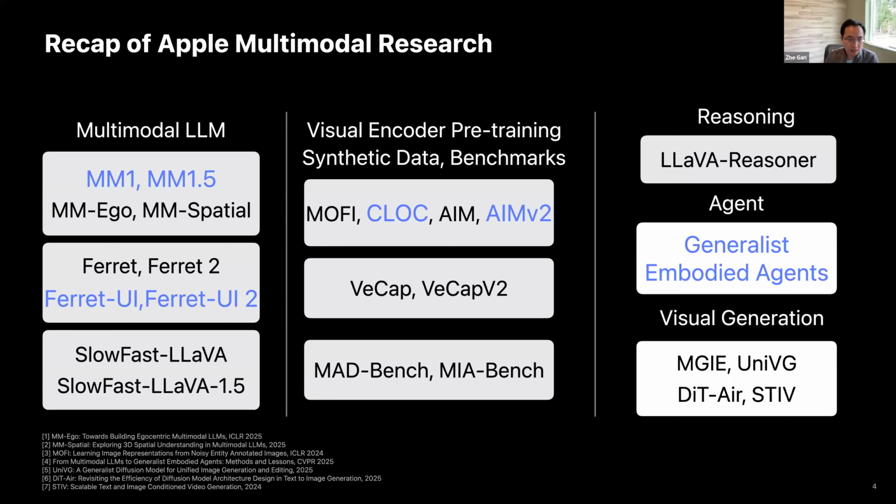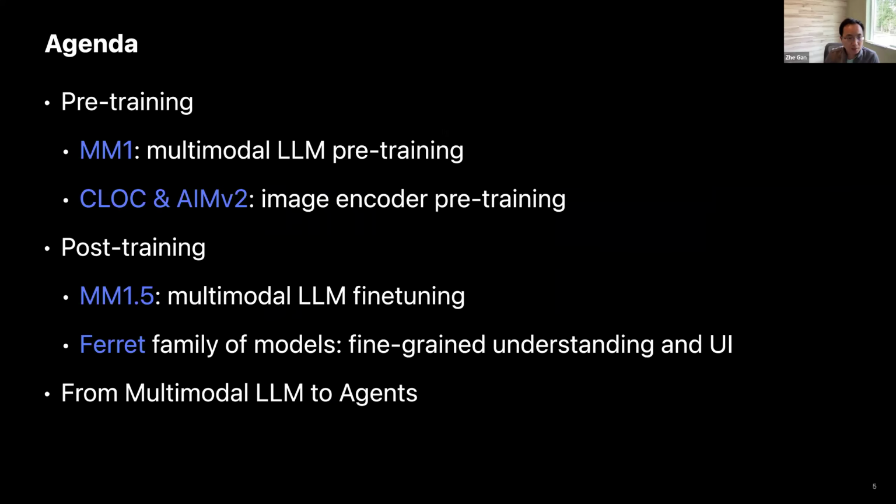For the post-training side, I think UI understanding is a really nice topic, especially given that GUI agents have recently become even more popular for the potential of computer-use agents. Lastly, I will talk about our recent work on generalist embodied agents, depending on the time and how much detail we can go into.